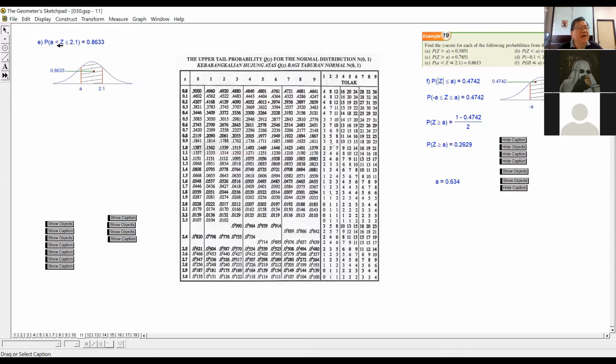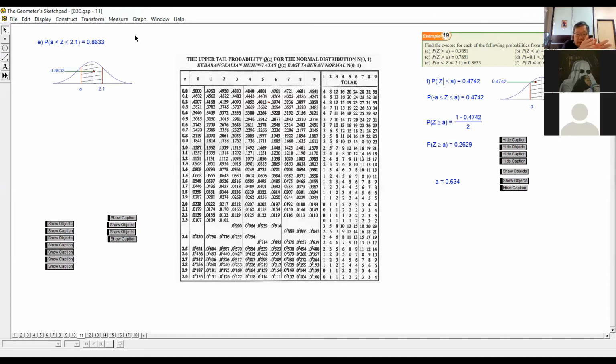The probability of Z between A and 2.1 is 0.8633. So I try to draw the graph because they say it's between A and 2.1. I draw two lines. The smaller number is A, the bigger number is 2.1. So I draw the graph like this. Then the center part is the probability that is given.